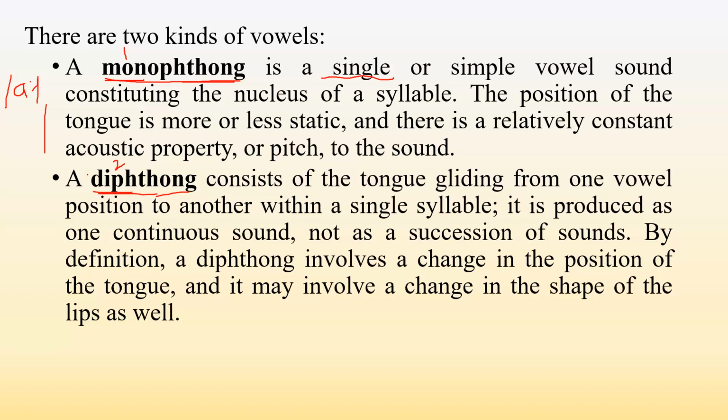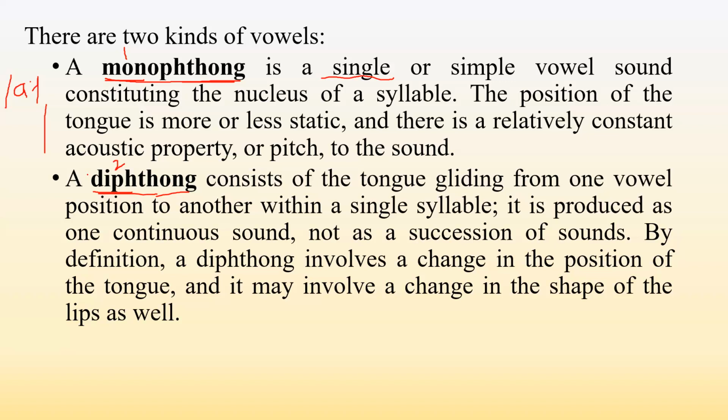Two vowel sounds, but they are not separate. We say the second vowel sound immediately after we say the first vowel sound, right? One is pronounced soon after the other. So both belong to the same unit. It is produced as one continuous sound, okay?